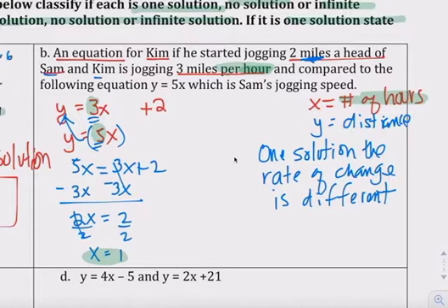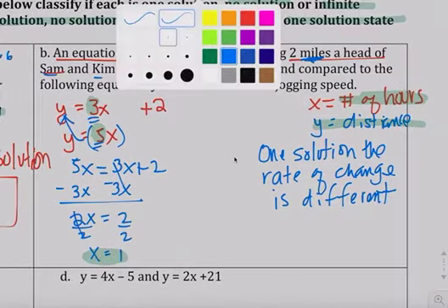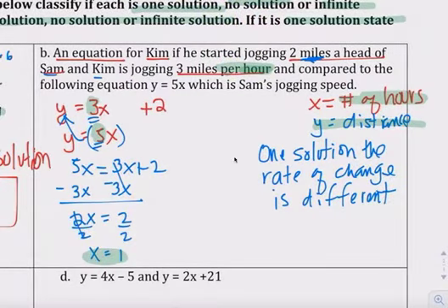But how far have they jogged? Because y is the distance. Let's see how far they jog before they meet up. We know it takes Sam an hour to catch up, but let's see the distance.